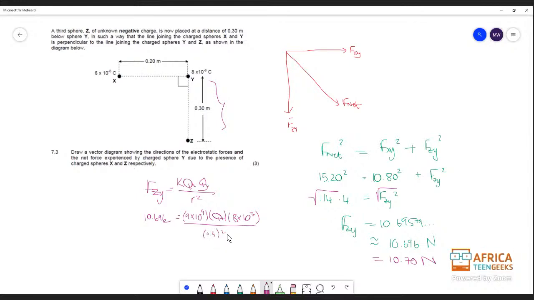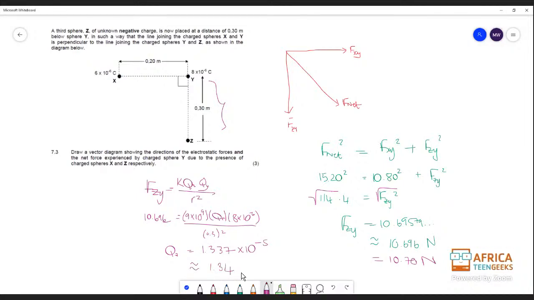And if I plug all of that into my formula and take it to the other side, I find QZ to have a charge of 1.337 times 10 to the negative 5. And then you round that off to 2 decimal places because it's your final answer.